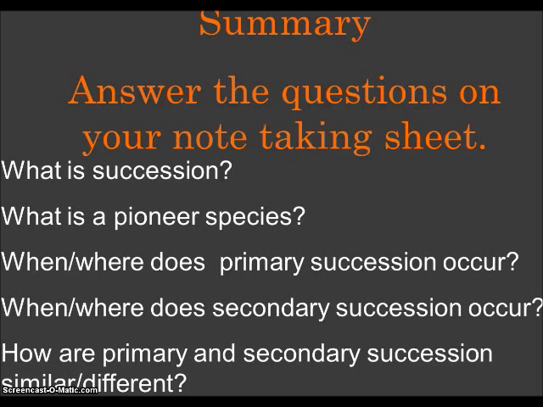In fact, you might even want to draw a Venn diagram in your notebook and chart out the similarities and differences between primary and secondary succession. The Venn, remember, is just the two circles that intersect, and the intersect part is where you put what they have in common, and put primary on one side and secondary on the other to talk about how they are alike and how they are different.